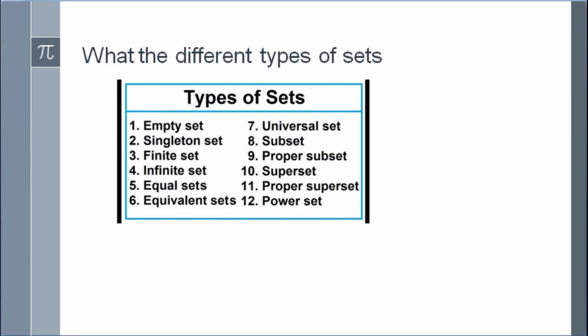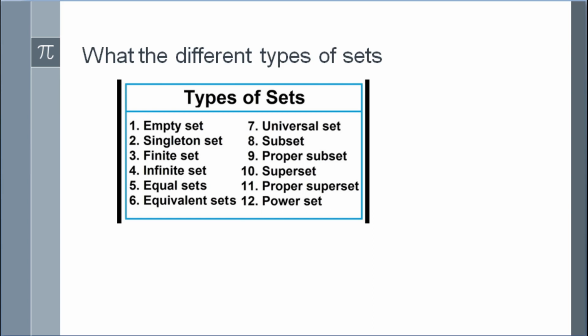Before explaining the types of sets, I will tell you a very important property that comes here. That is the cardinal number of a set. The cardinal number is the number of elements that a set has.